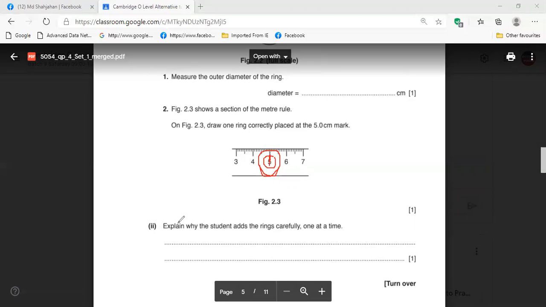So, what is your answer? You got your answer? No, sir. So think, explain why the student adds the rings carefully.